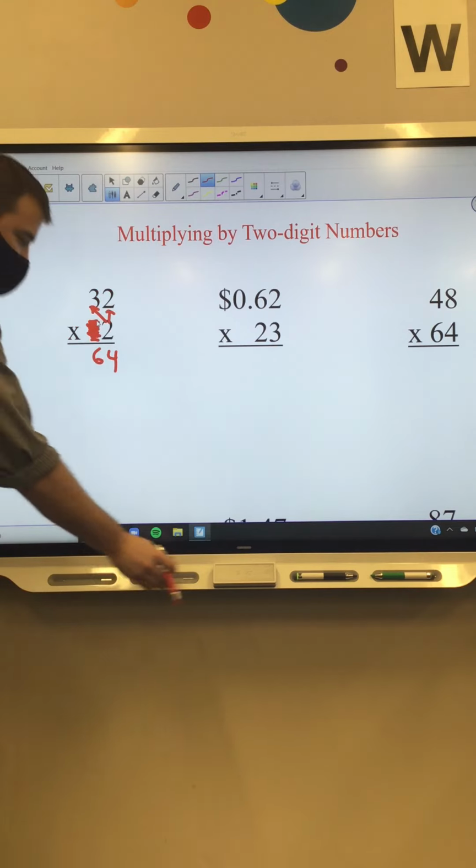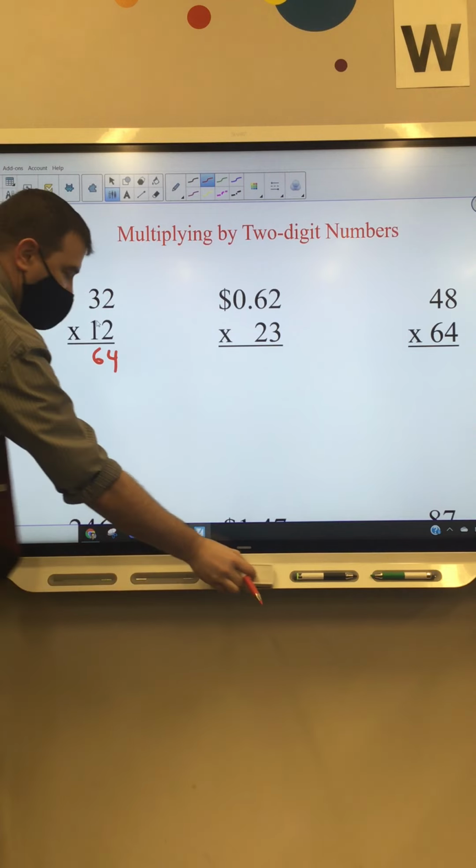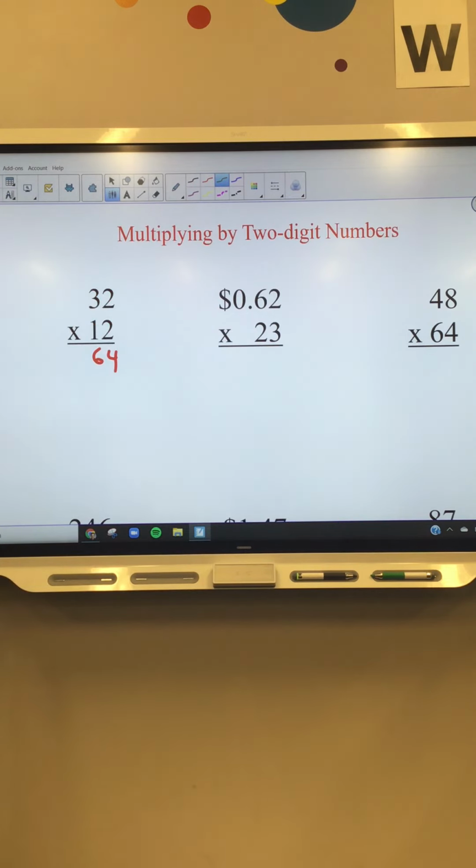Okay, so that's step number 1. But step number 1, we were pretending that 1 isn't there, but that 1 actually is there, right? So now what you might think to do is I'm going to take 1 times 2. That's kind of true. But is it 1 times 2? What does that 1 really represent? Yeah, 10.